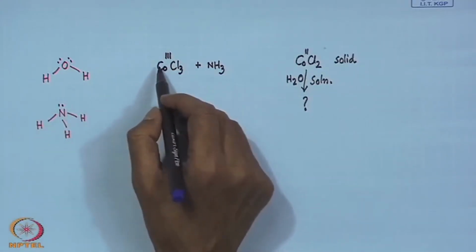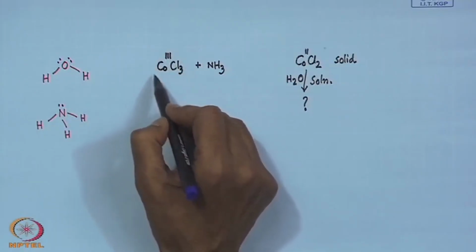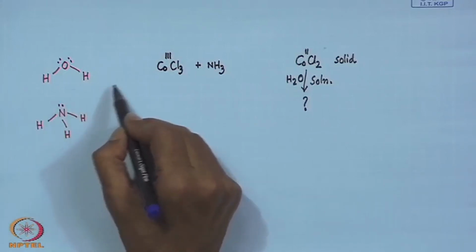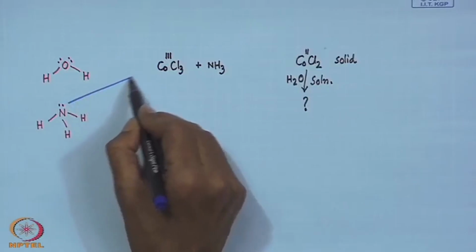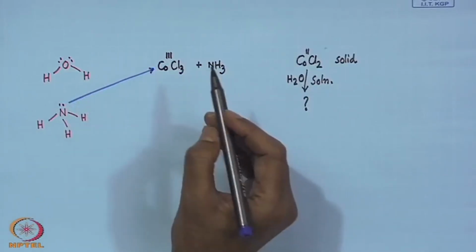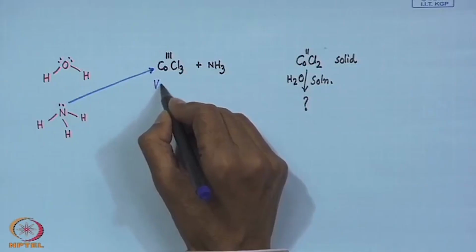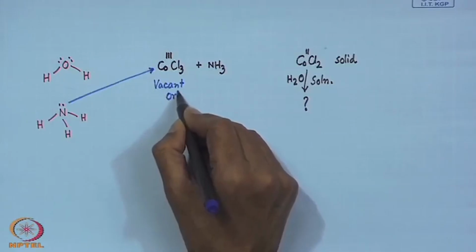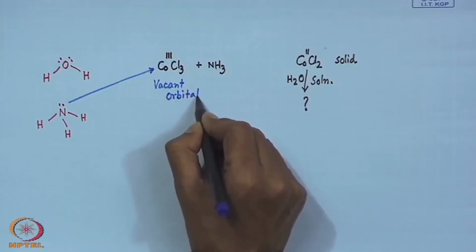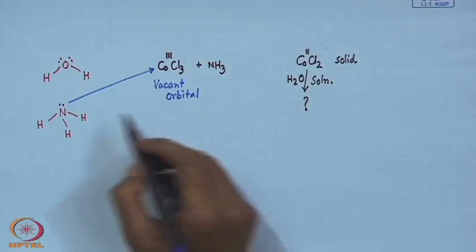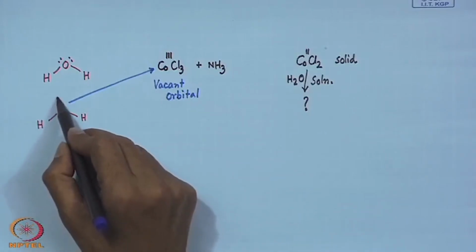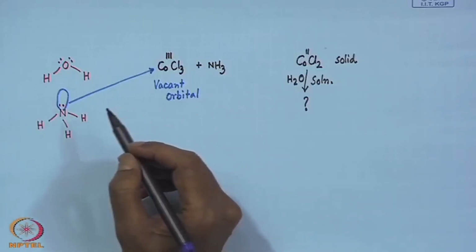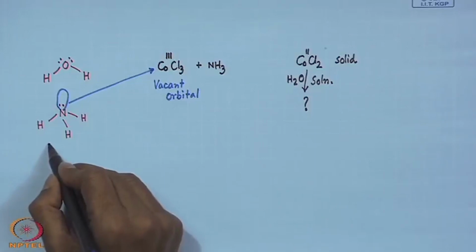If this metal center, particularly the cobalt in +3 oxidation state, which has some vacant orbitals, receives this electron density donated to the cobalt center, then this electron density is available in some orbital, depending upon the corresponding molecular orbital.